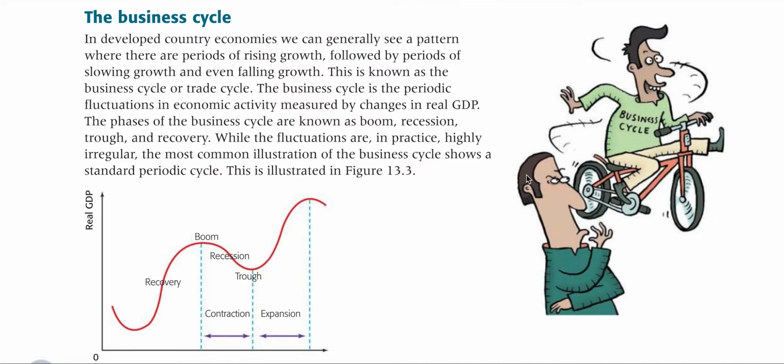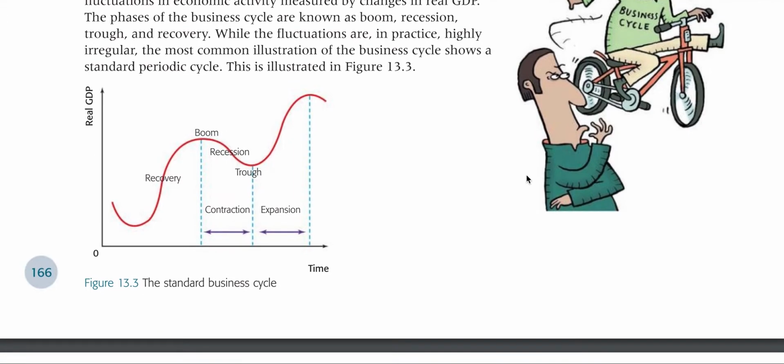Fluctuations in practice are highly irregular, but let's take a look at this figure because it shows a standard typical periodic cycle. On this side you've got the real GDP, so once again, inflation is accounted for over time. As time goes on, you want to see the GDP get higher and higher.